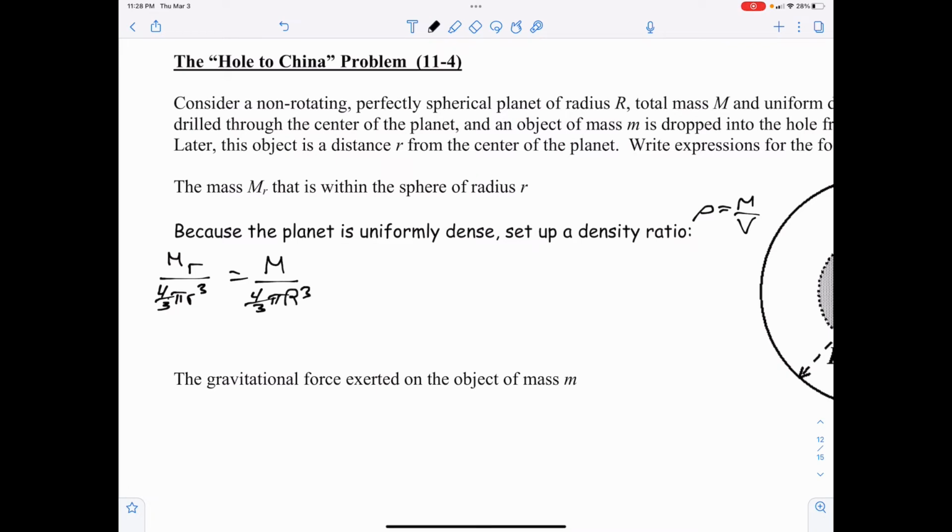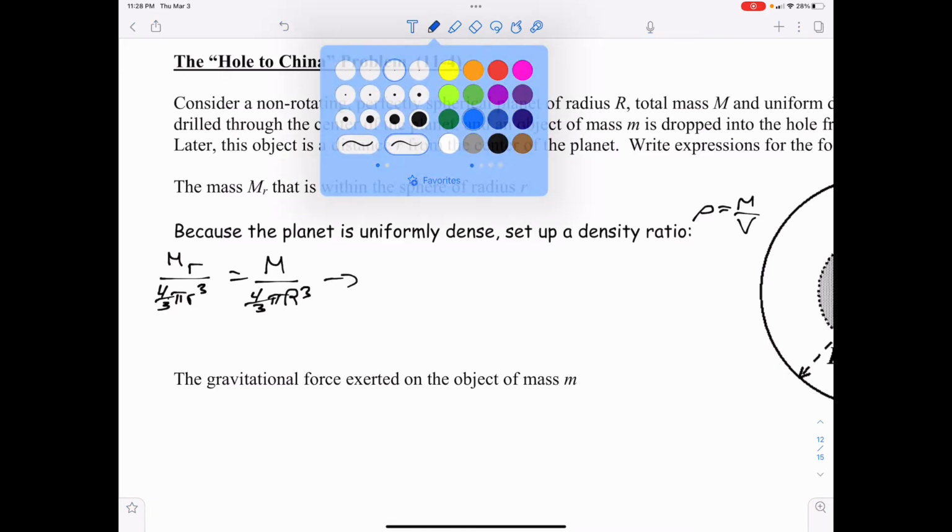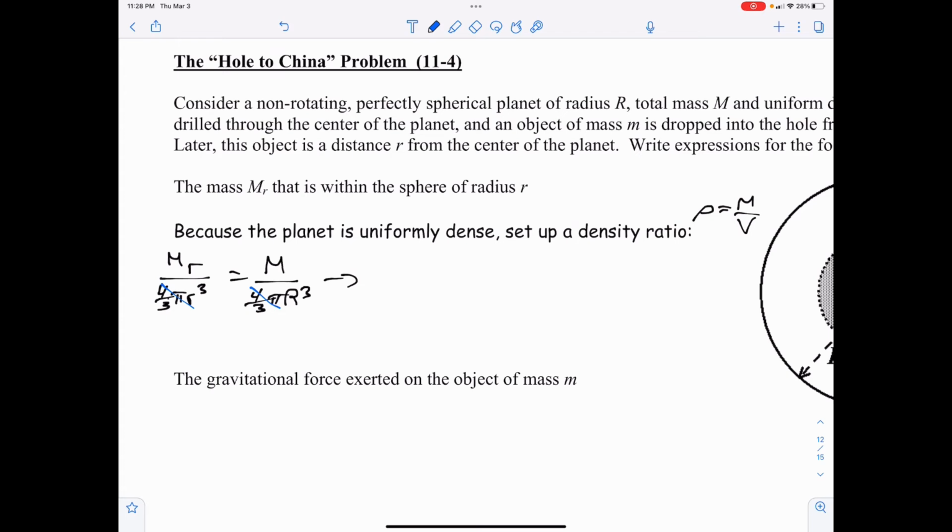Obviously the 4/3 pi part drops out. That's equal on both sides. And y'all can see what we're left with here is a nice proportion that relates the mass of the inner part, so to speak, per radius cubed to the mass of the whole planet divided by the biggest radius cubed.